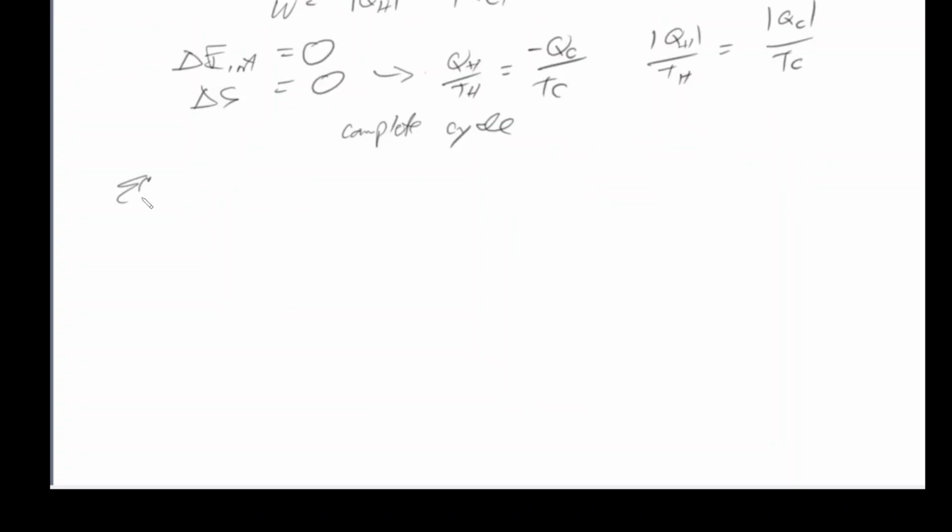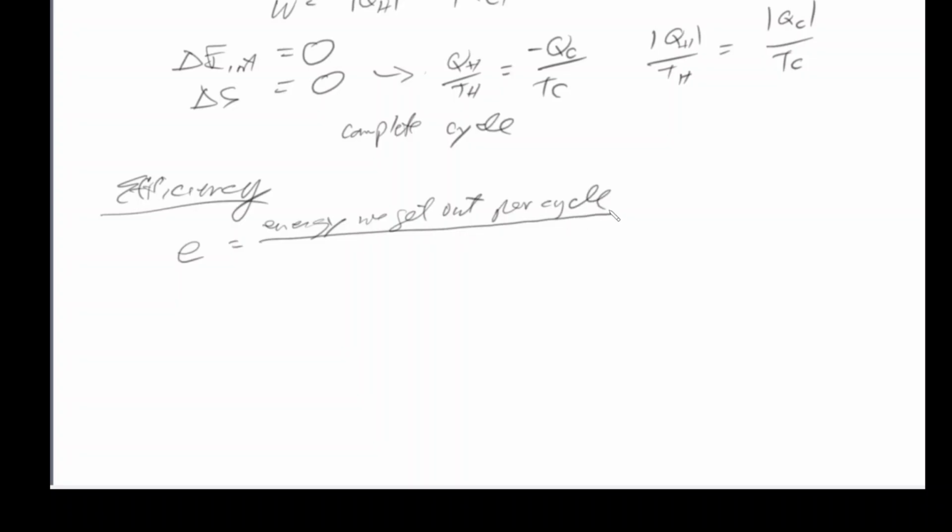Now let's talk about the efficiency of an engine. Efficiency, let's call that E, is defined as the energy we get out per cycle over the energy we put in per cycle.